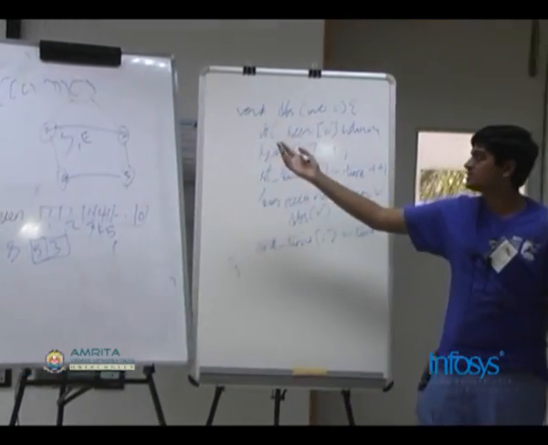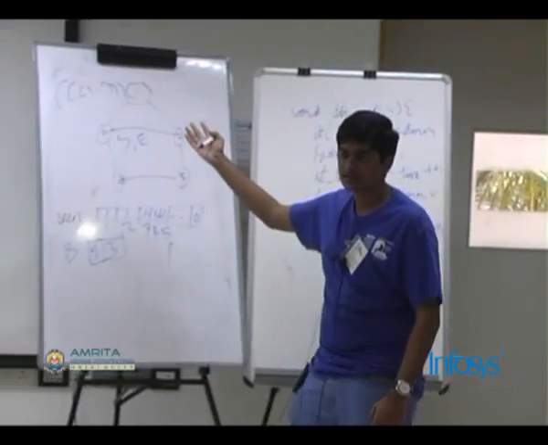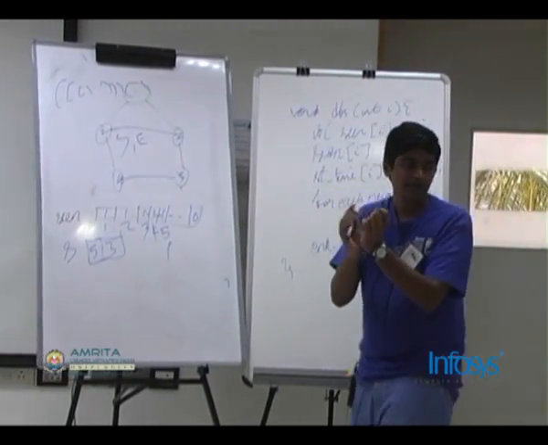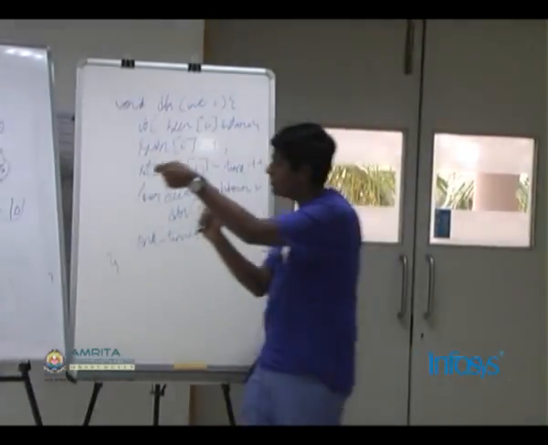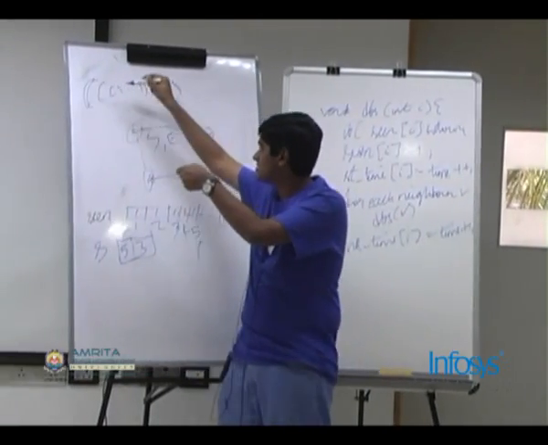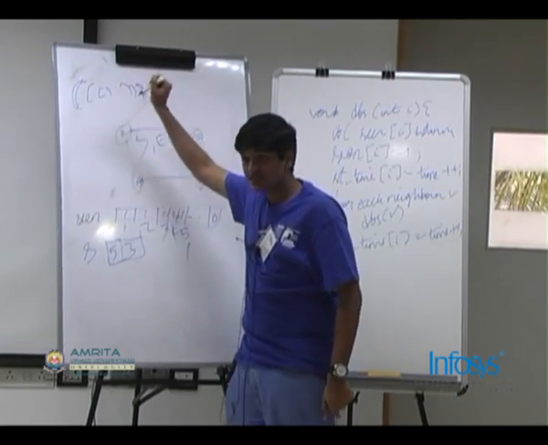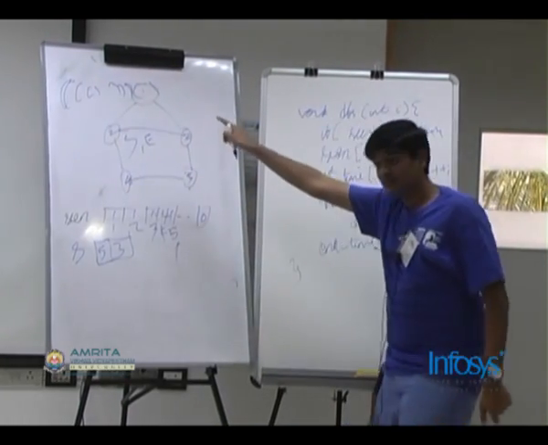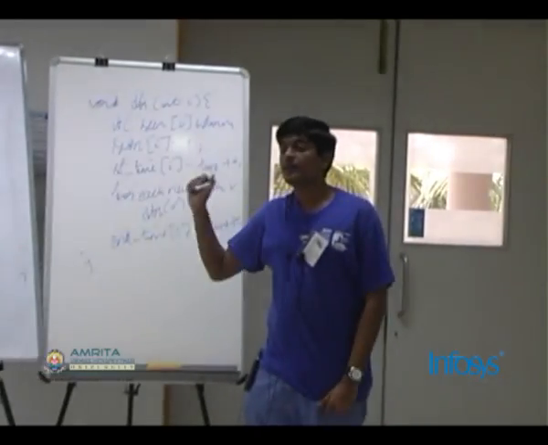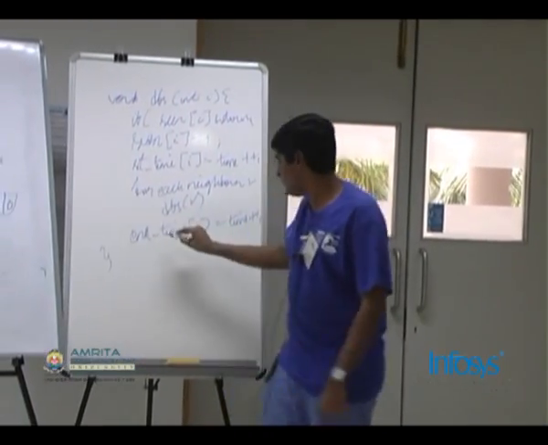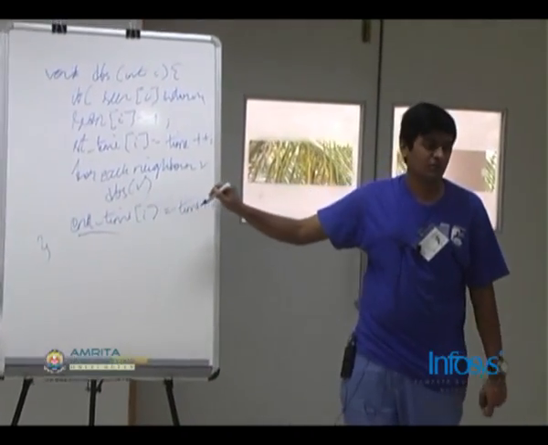This will form a proper parenthesization. That is, for each open parenthesis, there will be a corresponding closed parenthesis, and the time at which the closed parenthesis occurs will denote the end time of this node.